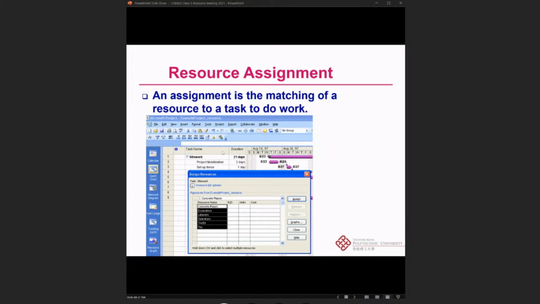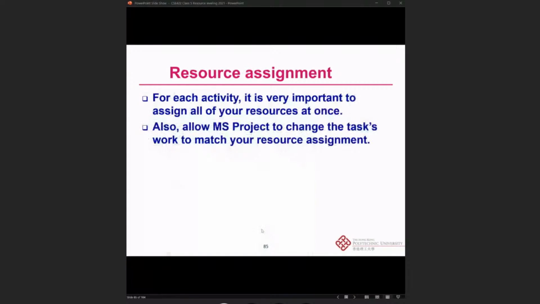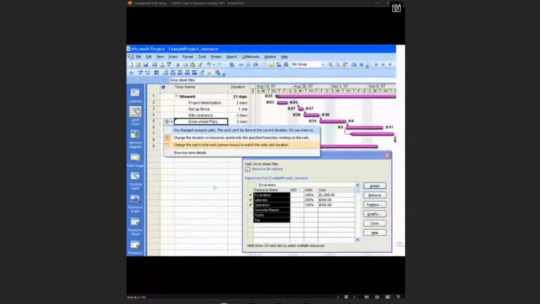More specifically, we can assign them to project mobilization, such as the fence, or other kinds of tasks. Okay, so for each activity, it's very important to assign all of your resources at once, and also allow Microsoft Project to change the task work to match your resource assignments. Then you can see that if we click the drive sheet piles, we can change the duration. So the resources spend only the specific hours or days working on the task.